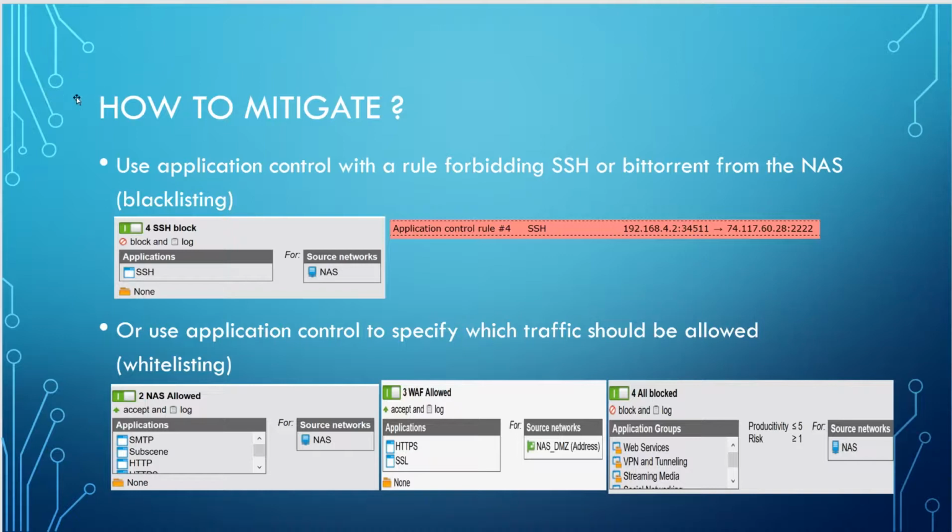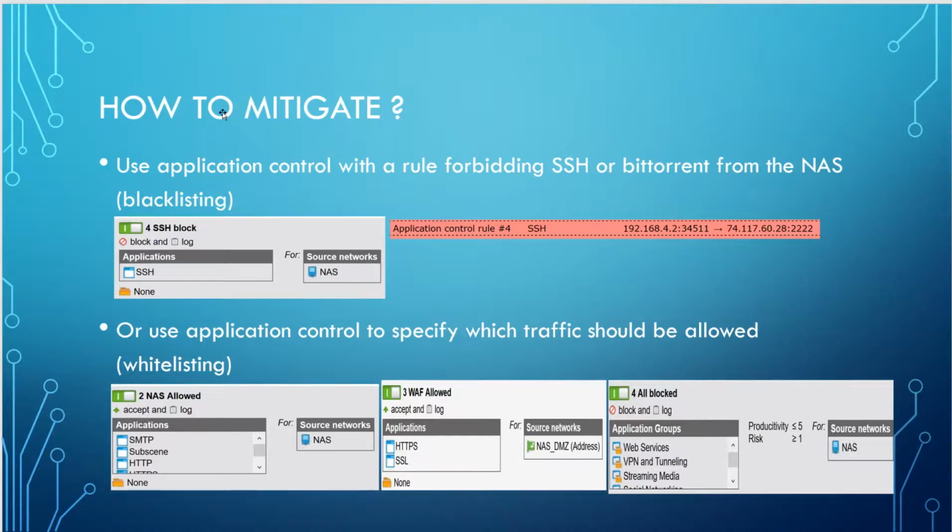On the interface of my WAF, because as you know, I'm using Sophos as a WAF, Sophos has to communicate with my NAS. And therefore, I'm going to authorize Sophos to communicate with my NAS with HTTPS and SSL. And then all other services or applications are blocked.